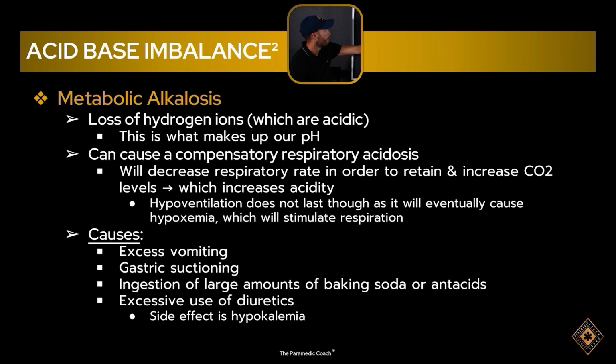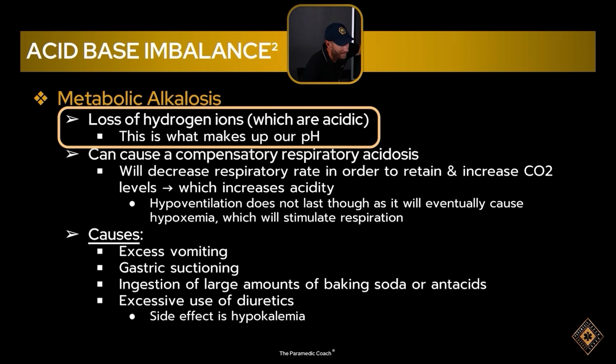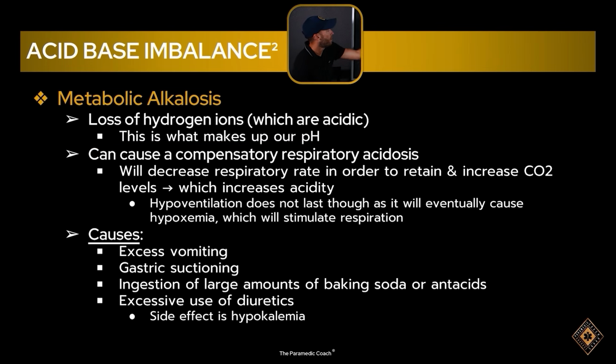Here we go. Okay, metabolic alkalosis. This is the loss of hydrogen ions, which are acid, which is what makes up our pH. So again, metabolic alkalosis, I just lose hydrogen ions. Now, what does that mean?